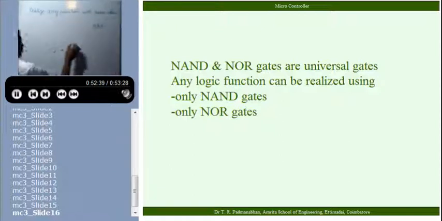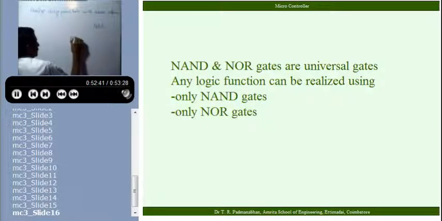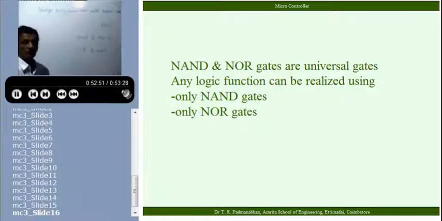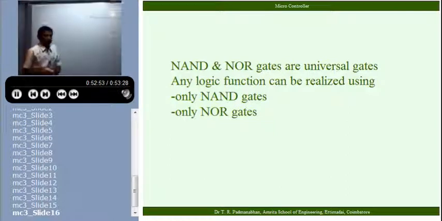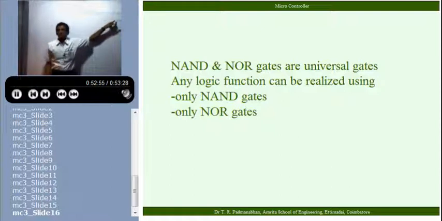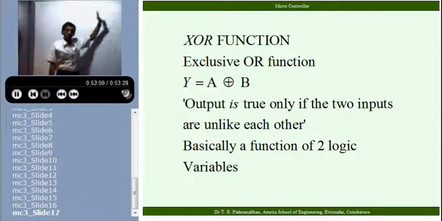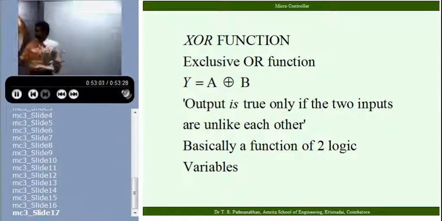But if I use the AND gate, I require AND and NOT, or OR and NOT. In this respect, these are called universal gates. Any circuit you can realize using them.